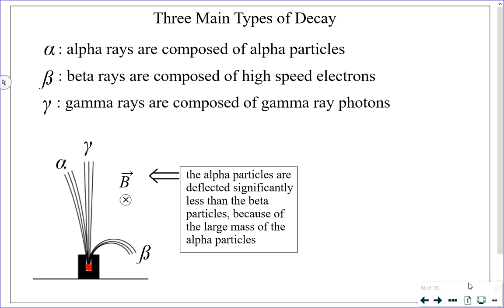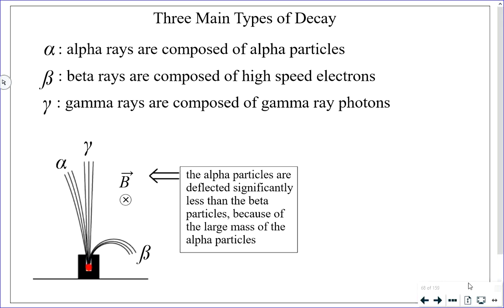We didn't talk about this before, but I had mentioned, this was a different diagram in your notes, how much more severe the deflection of beta particles was. And the reason for that is, even though they only have half the charge of the alpha particles, which means the alpha particles experience twice the magnetic force, they're so tiny.